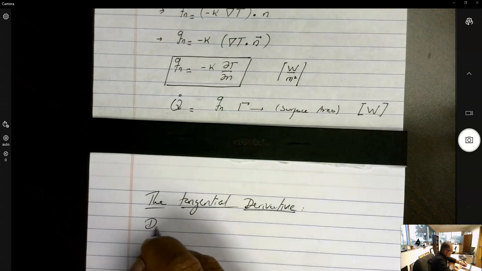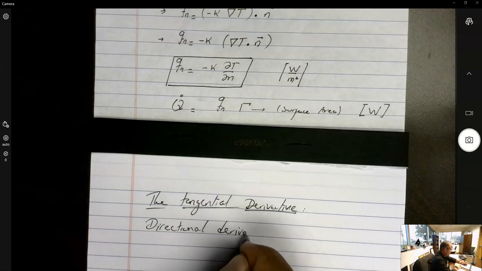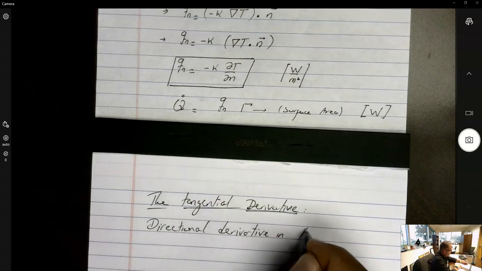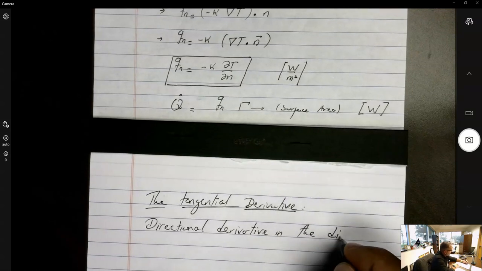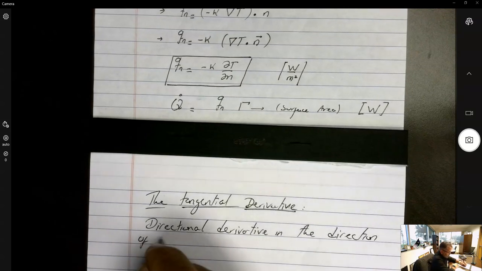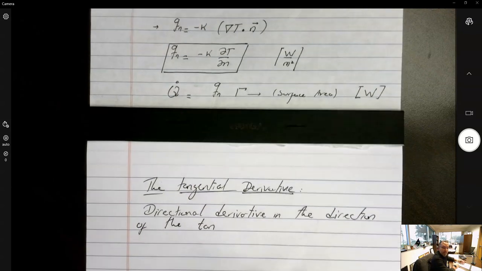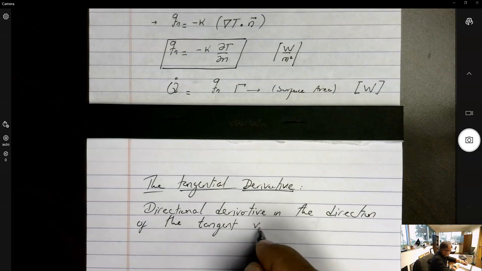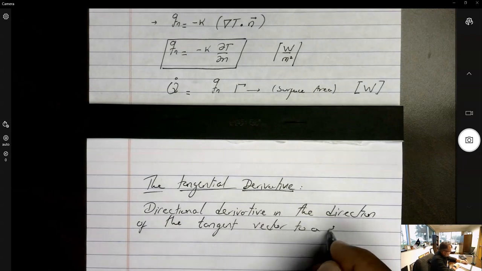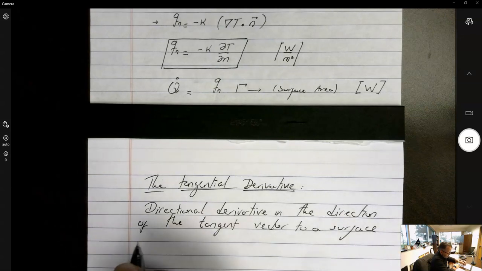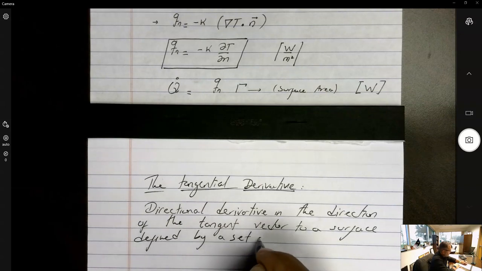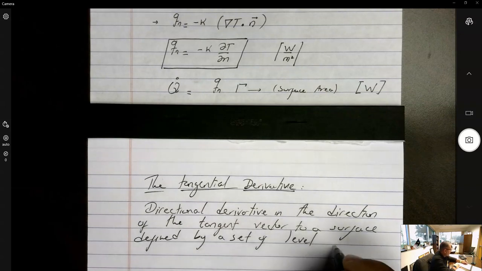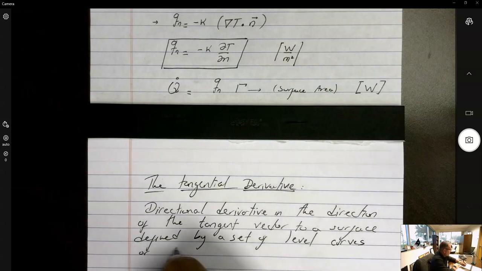The tangential derivative is the directional derivative in the direction of the tangent vector to a surface defined by a set of level curves, or 3D surface.